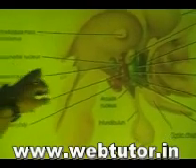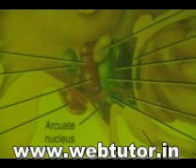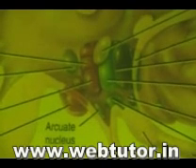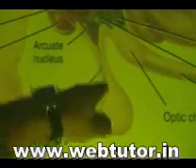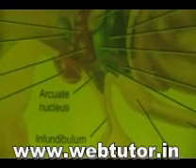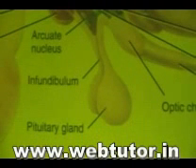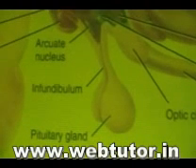So the dorsomedial, ventromedial and arcuate nuclei together form your tuberal region, the second part of your hypothalamus, and the infundibulum, which joins the hypothalamus to your pituitary gland, is also considered a part of it.